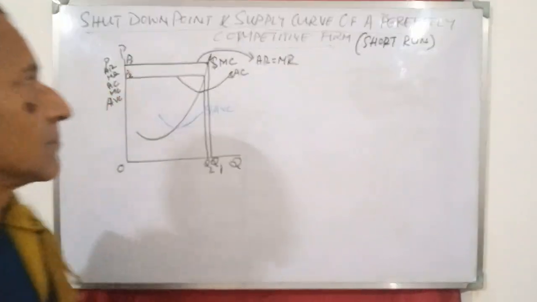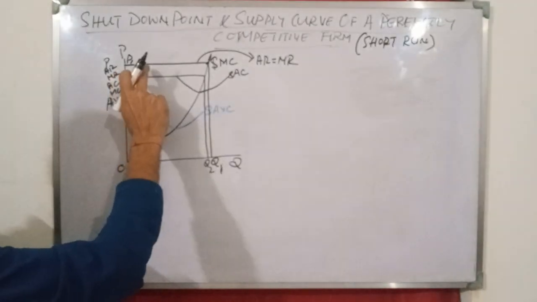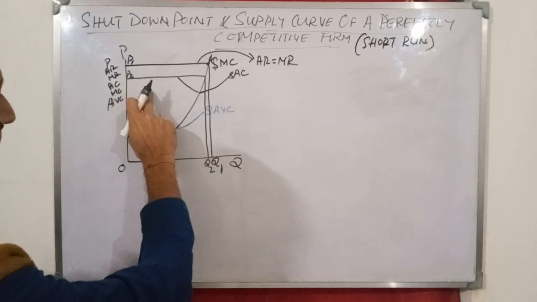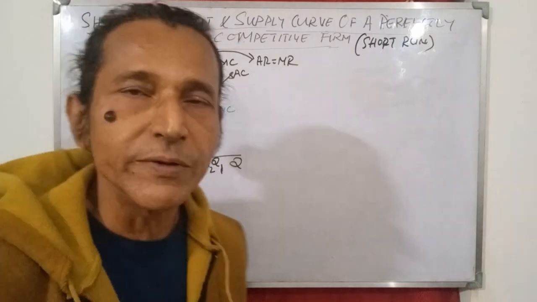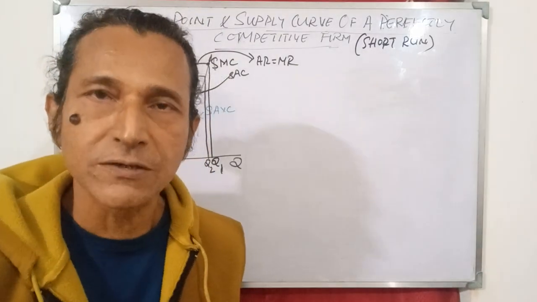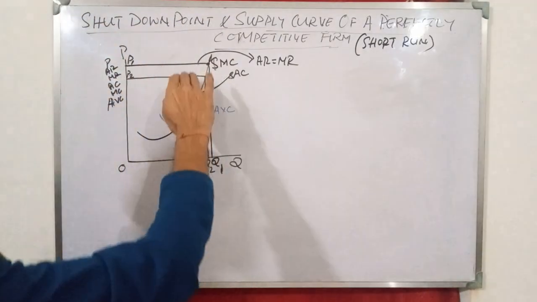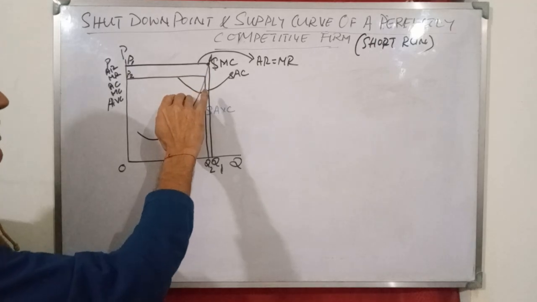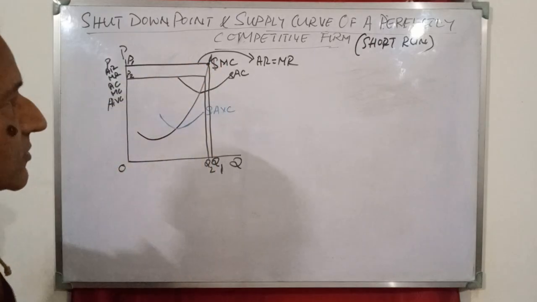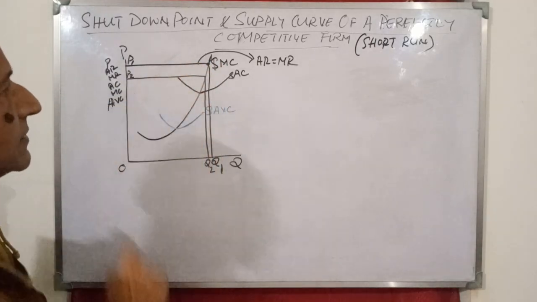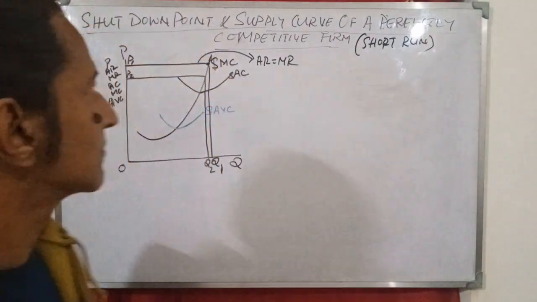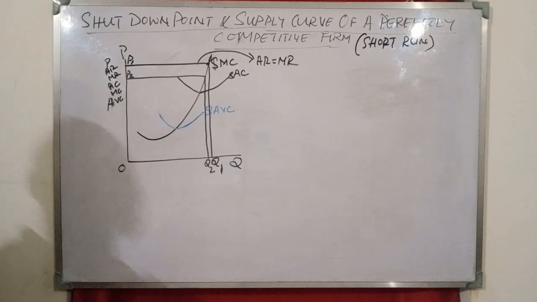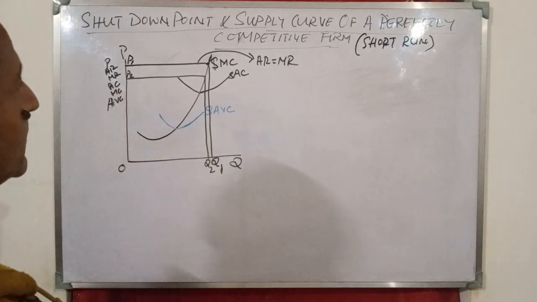In both these cases, that is at both these price levels, the firm is earning supernormal profit. Why? Because the average revenue curve is lying above the average cost. In both the cases, here and here, AR lies above the AC. So, even at P sub 2 price, the firm is earning profit.